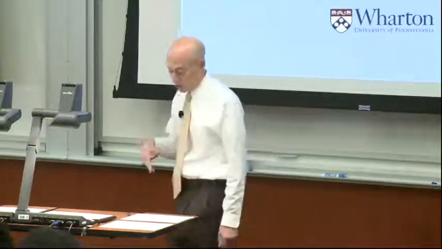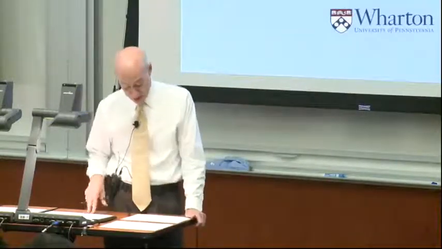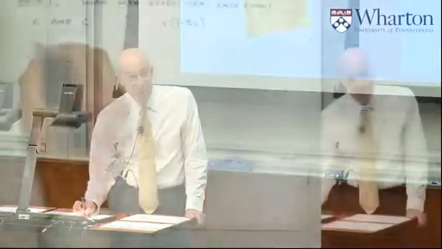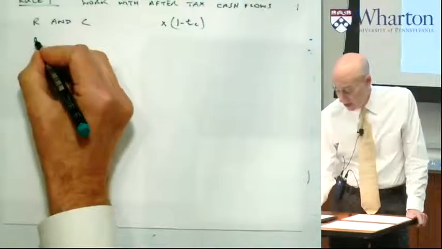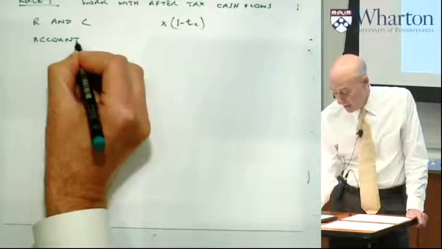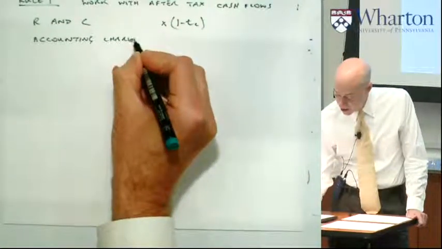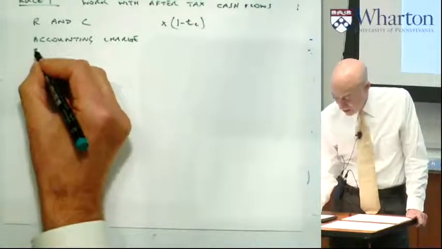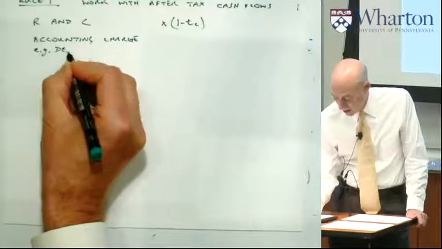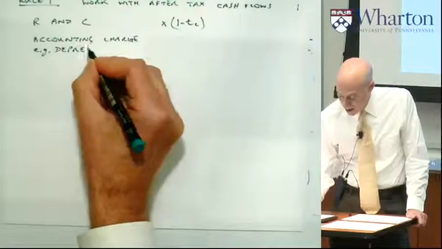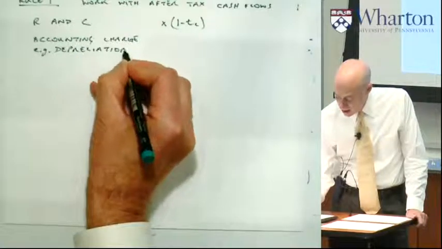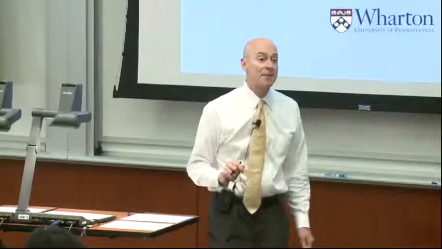So that's for cash flows where you actually have to pay something to somebody, or you have a payment to you. We also have these accounting charges. Classic examples, depreciation. You don't actually have to pay that to anybody. So what do we multiply by in that case?